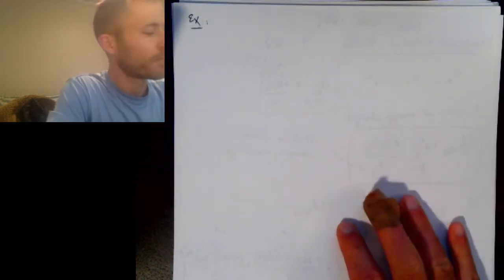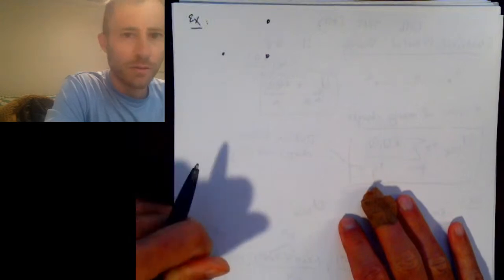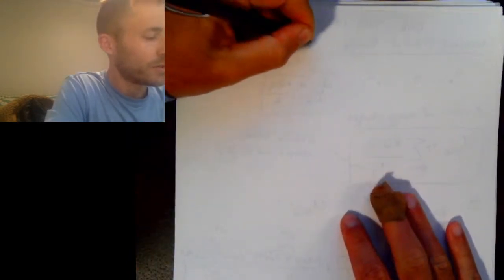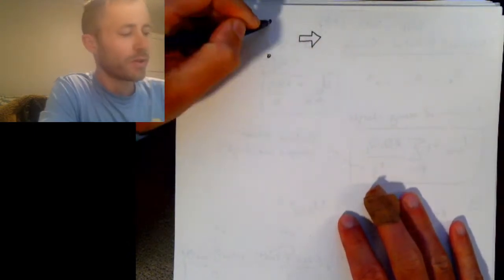So let's do another example. Let's take that previous problem, the right triangle, and what we're going to do is remove this charge.